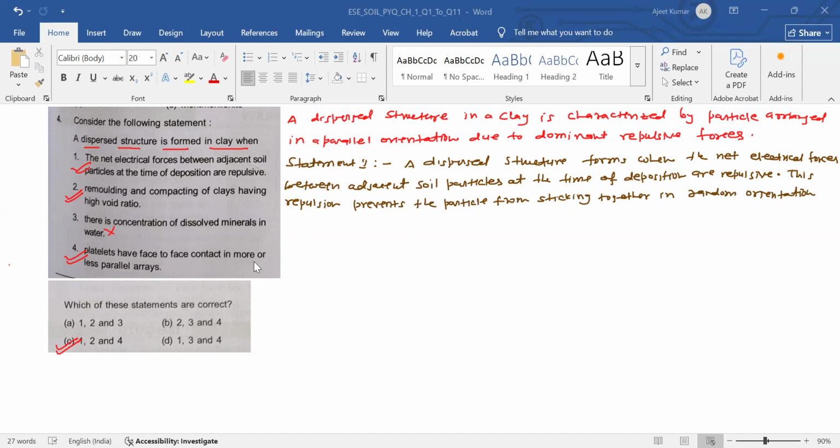Now statement 2, which says remolding and compacting of clays having high void ratio.